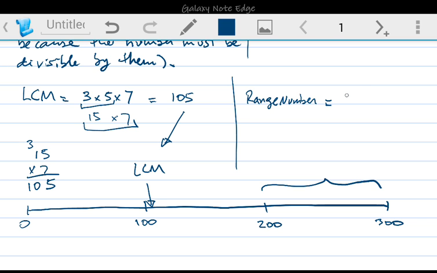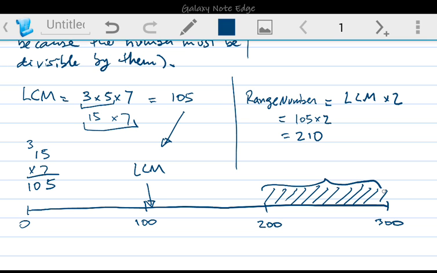It's going to be the least common multiple times 2. Okay, why? Because if we multiply that, 105 times 2 is going to be 210, right? And 210 is between this range. If we multiply by 3, then it would be outside of this range.